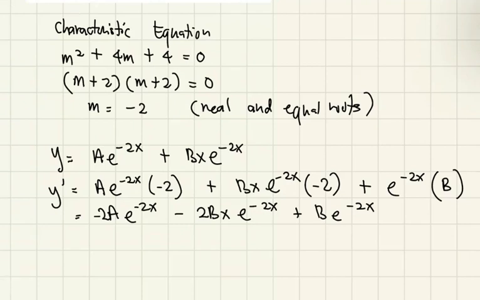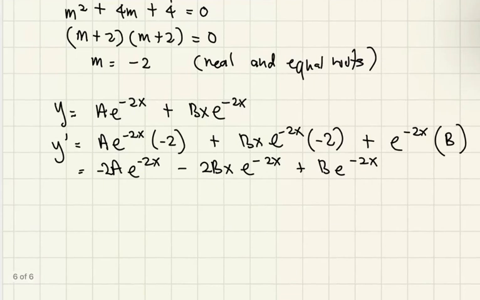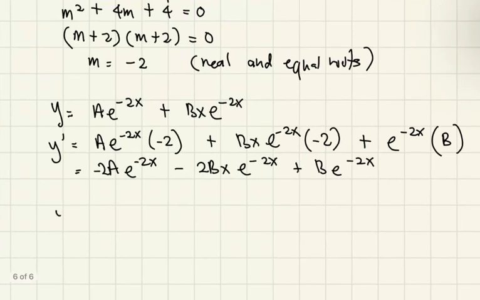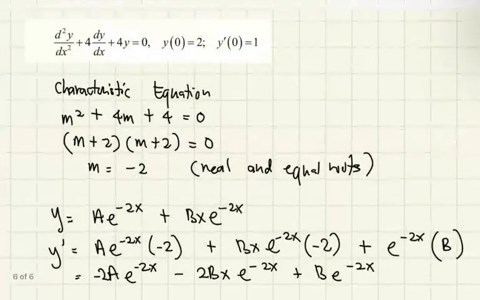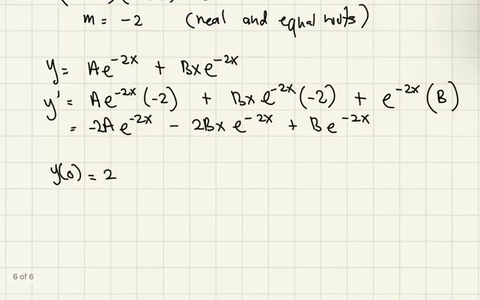Let's substitute the initial condition. So we are given two initial conditions, y(0) equal to 2 and y prime (0) equal to 1. Okay, by using the first equation, substitute x equal to 0, y equal to 2.